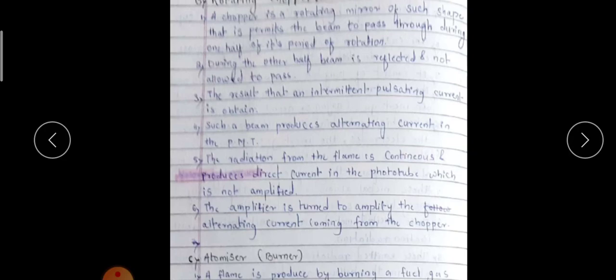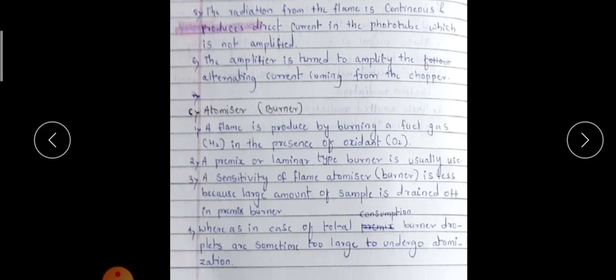That's why this rotating chopper results in intermittent pulsating current, and such a beam produces the AC current in the photomultiplier tube. Otherwise, in the phototube you will not get the AC current, and an amplifier will not be able to amplify such a signal coming from the PMT.